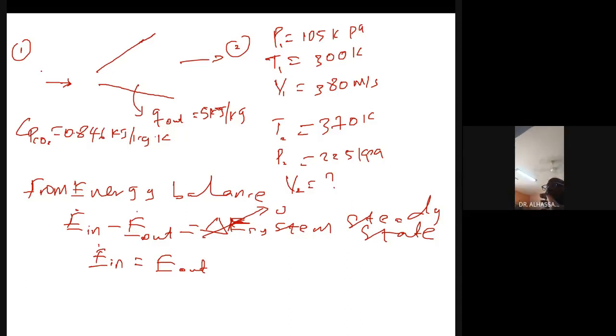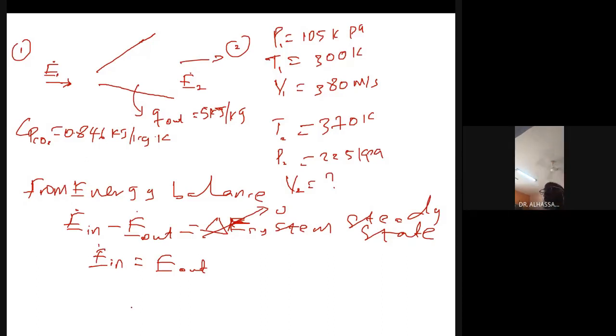If you look into this system, there is some amount of energy of the flowing fluid. Let's say this is E1. And the energy flowing out is E2, energy of the flowing fluid. But you have to recognize that over here we also have the heat loss to the surrounding, so we need to account for it. There are many ways of solving this question.